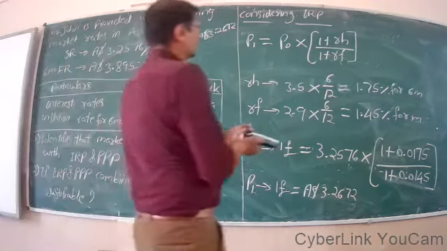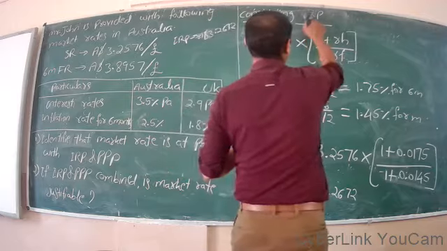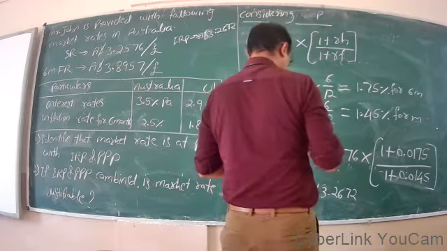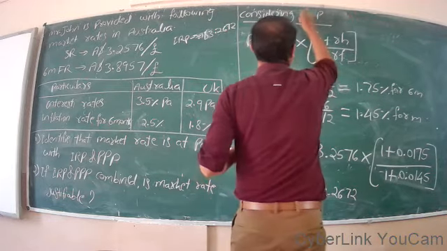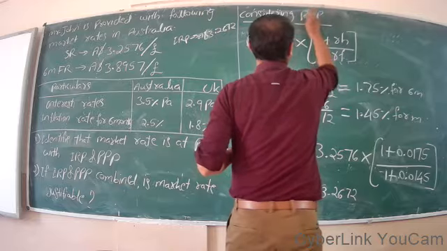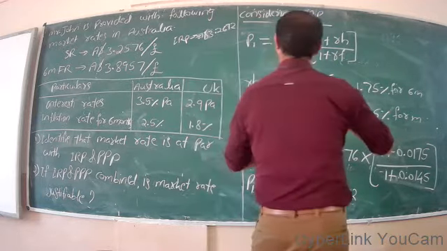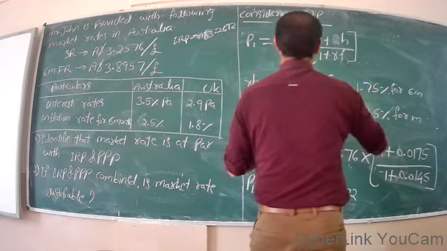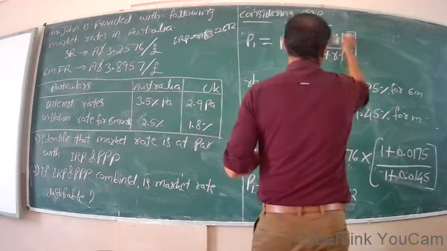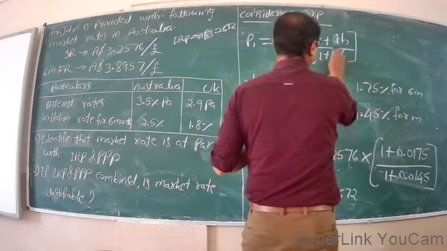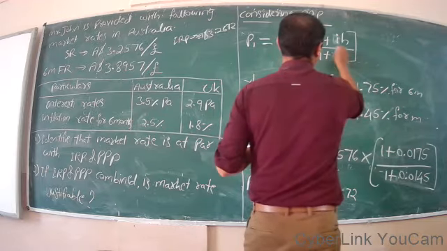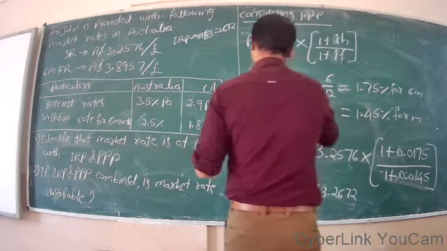Now, if you consider PPP theory, purchasing power parity theory, the new exchange rate is equal to P0 into 1 plus inflation in home country divided by 1 plus inflation in foreign country.